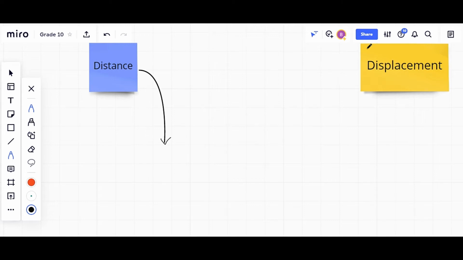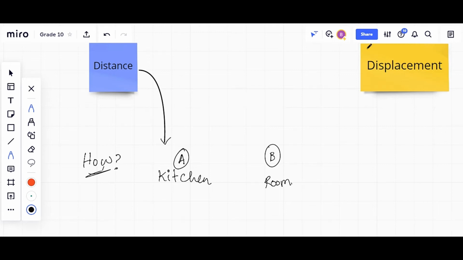I'll tell you how. For example, let's take 2 points inside your house. The first one is the kitchen. This is point A. The second location is B, which is your room.